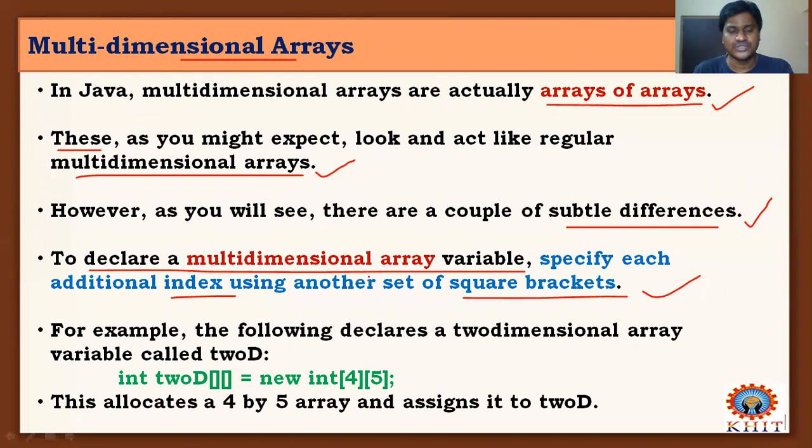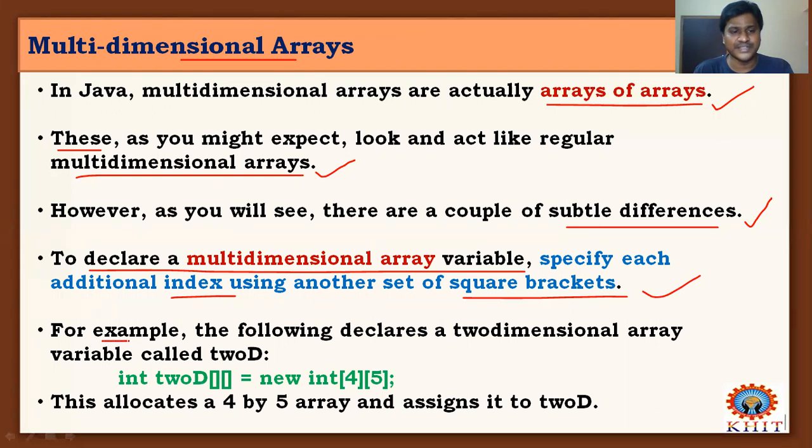We know that for a one-dimensional array we use only one set of square brackets, but to indicate more than one dimension, which we consider multidimensional, we use more sets of square brackets, based on whether the array is one-dimensional or two-dimensional.